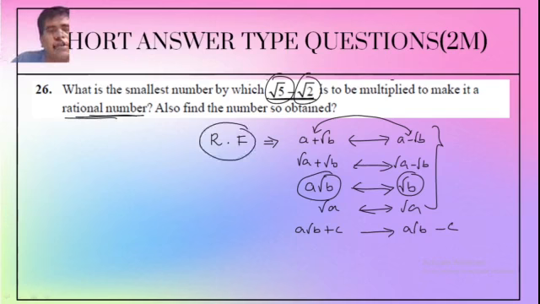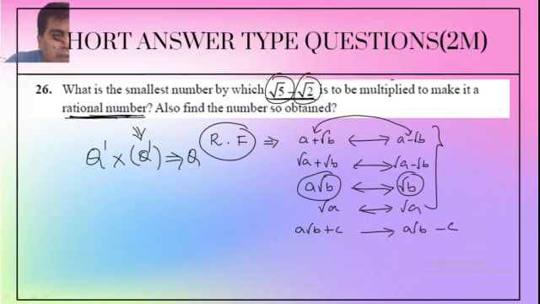When we multiply this number to the given number, the product is a rational number. Irrational number into another irrational number, we are getting a rational number. This is nothing but a rationalizing factor.